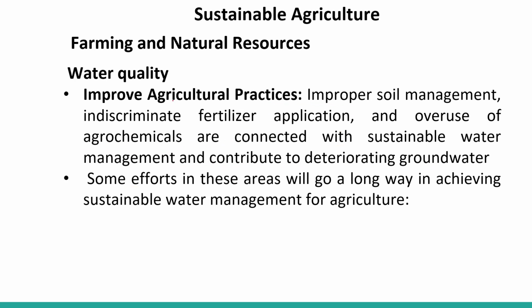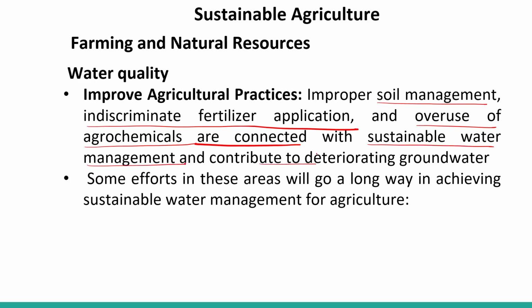Improve agriculture practices. Improper soil management, indiscriminate fertilizer application, and overuse of agrochemicals are connected with sustainable water management and contribute to deteriorating groundwater. Very, very important.